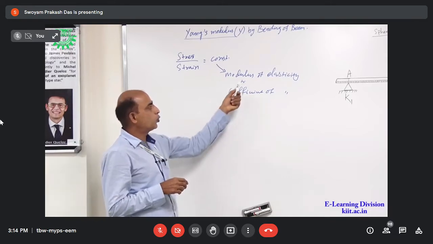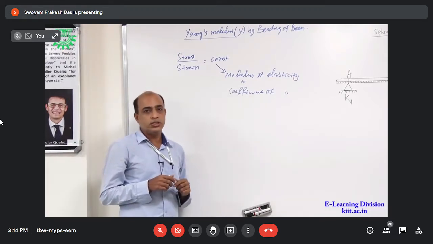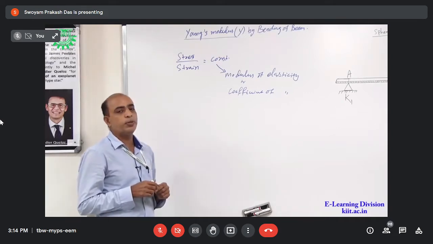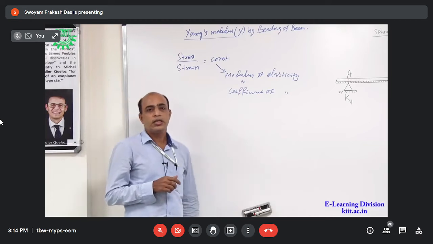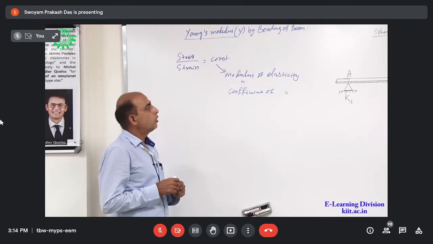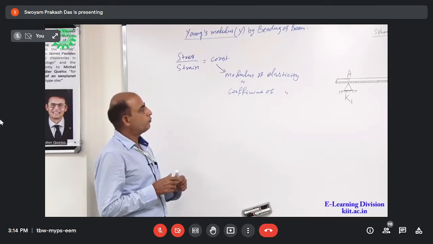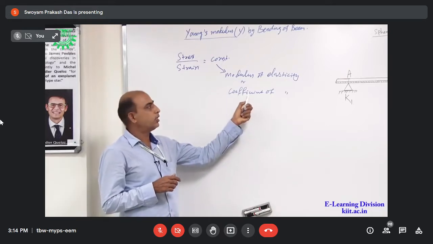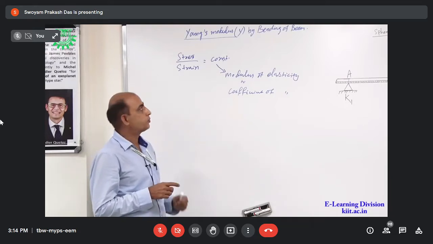But this modulus changes if temperature changes. Suppose temperature is increased, then this modulus decreases. Only it depends on temperature. But if the material is the same, then this modulus doesn't change.